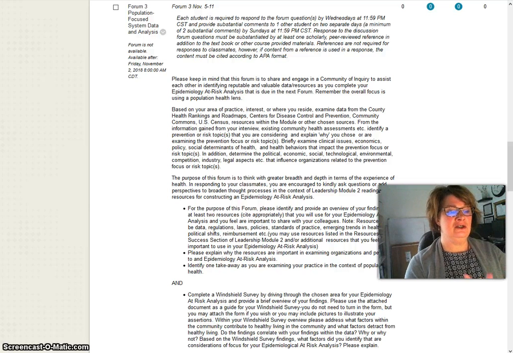So in addition to the data points, we also need to look at, much like we did with that broad analysis, looking at what's going on in the particular area as far as economics, social determinants of health. Are there pockets of populations that have a disproportionate experience of health disparities?